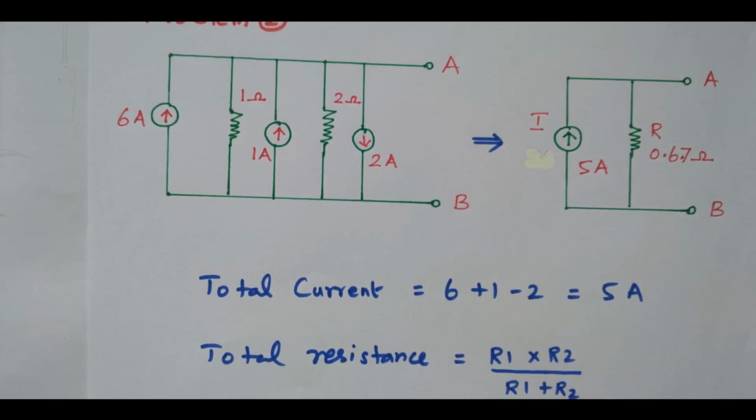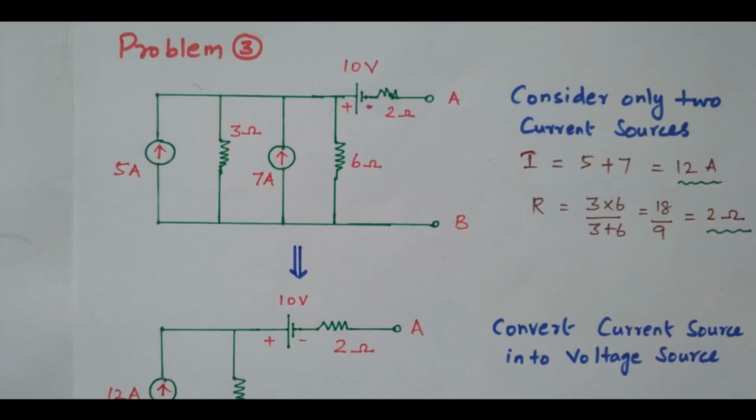Now we'll go to the next problem. In the third problem, 2 current sources and 1 voltage source are available. In problem 1, we had 3 voltage sources that were converted into a single voltage source. In the second problem, we considered 3 current sources that were converted into a single current source.